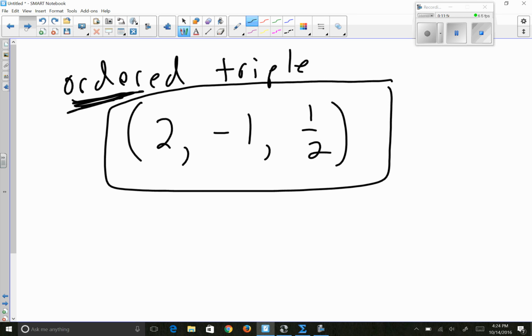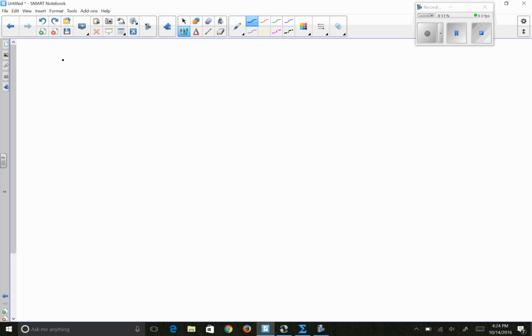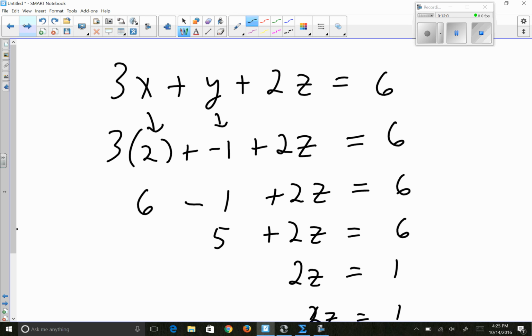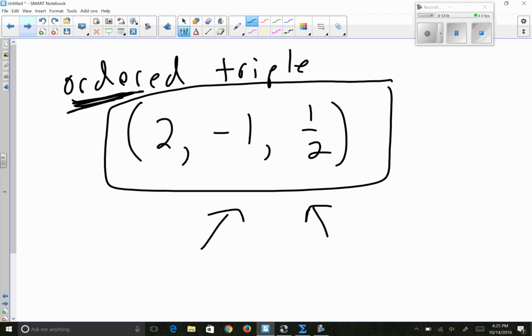And now we're going to check the answer. So anyway, this is the answer right here. To check the answer, we write one of the equations, 3x plus y plus 2z equals 6.